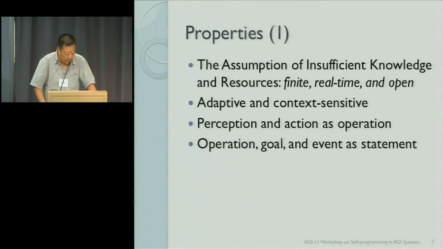Operations, goals, and events are all handled as a special type of statements, so they can become the object of a reasoning system. You can not only reason on propositions, you can also do inference on, for example, goals, actions, and events.